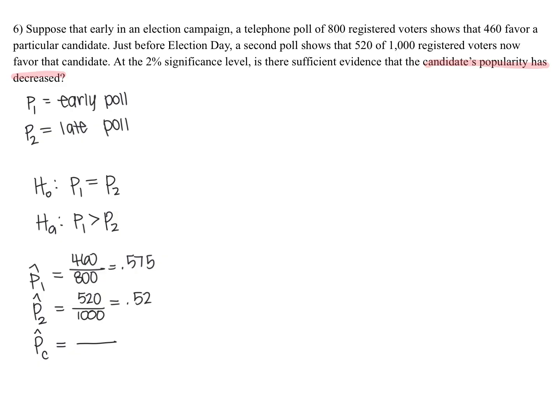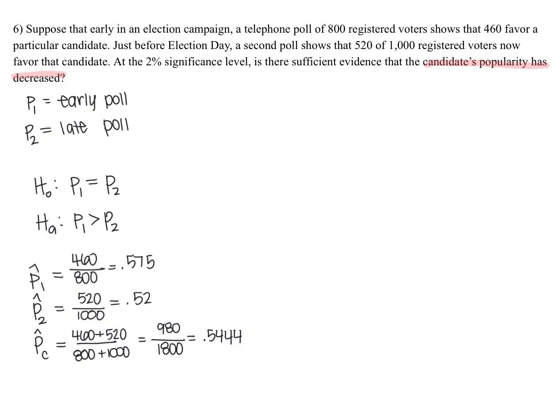It's your number of successes from each population over the sample sizes added together. So our numerator is going to be 460 plus 520, and then our denominator is 800 plus 1,000, which becomes 980 over 1,800, which is 0.5444.